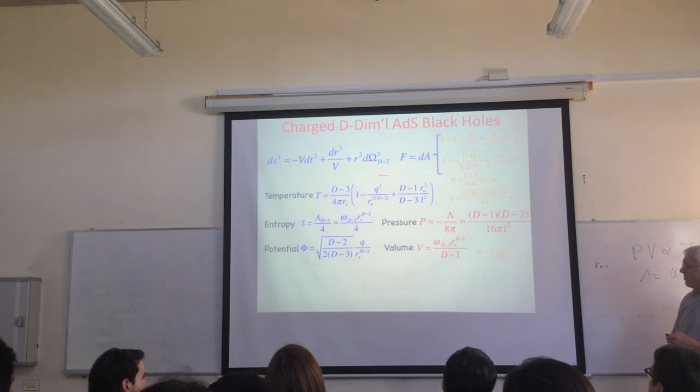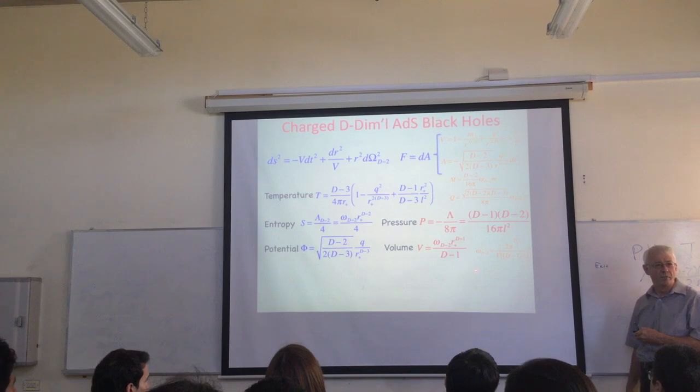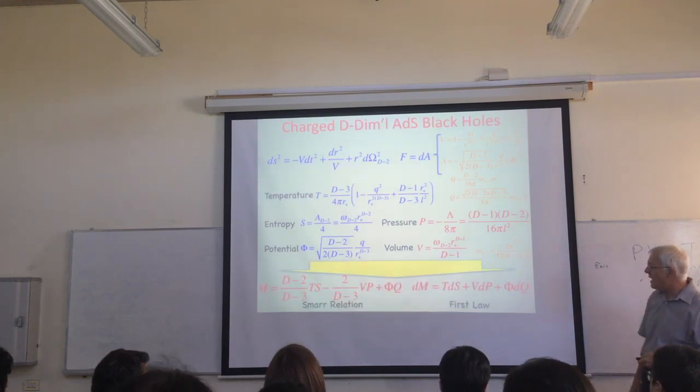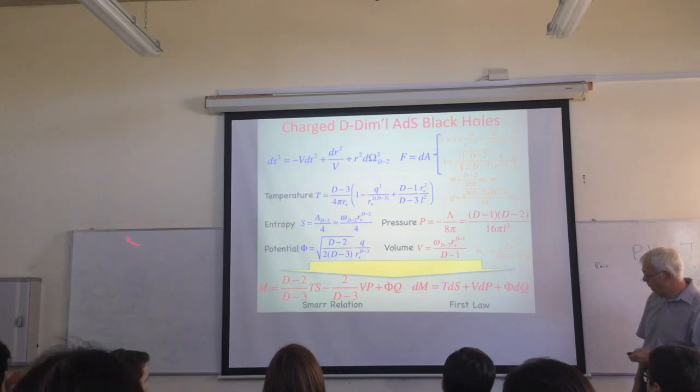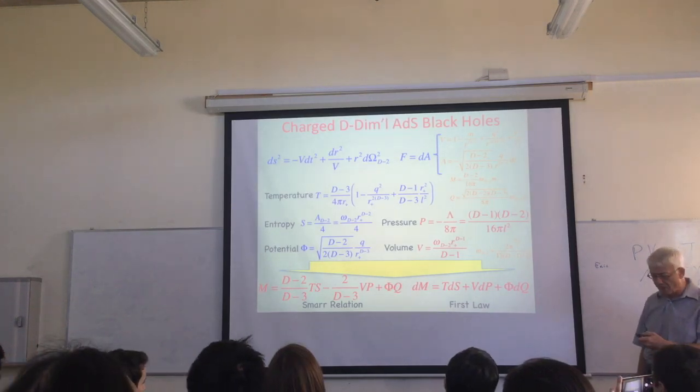You can calculate them all out. Now you see their explicit dimensional dependence. You've still got a spherical, well, you actually do. This is the volume of a sphere in d-1 dimensions. And you can show the first law and Smarr are satisfied by these quantities.